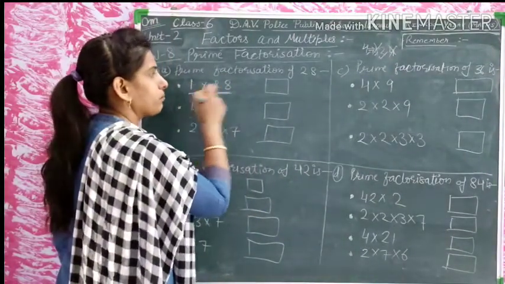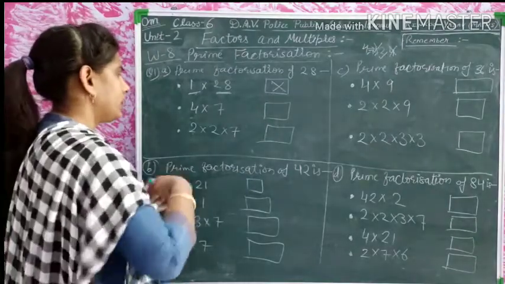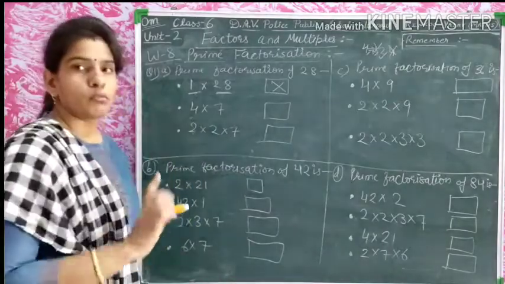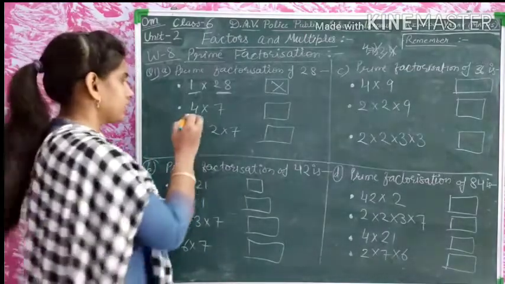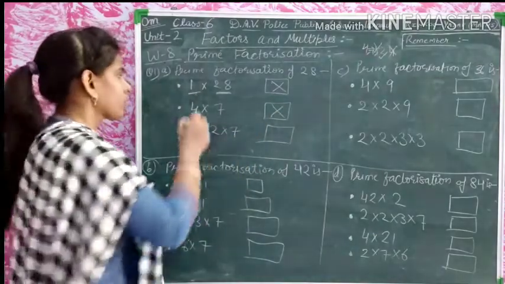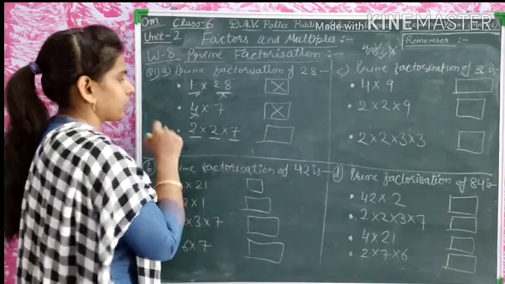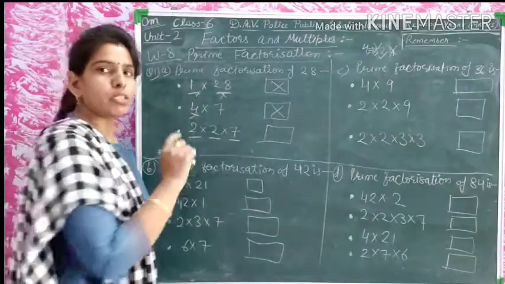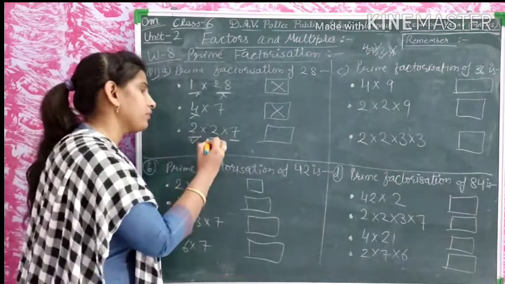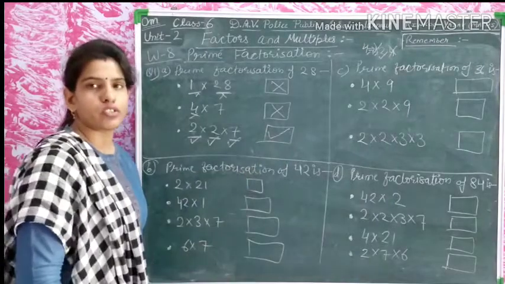It is not possible as a prime factorization of 28. 7 times 4 is 28, but these are not all prime factors. 4 is not a prime factor. Now, 2, 2, 7 makes 28. Yes, 2 is prime, 2 is prime, 7 is prime. It means this is the prime factorization of this number.